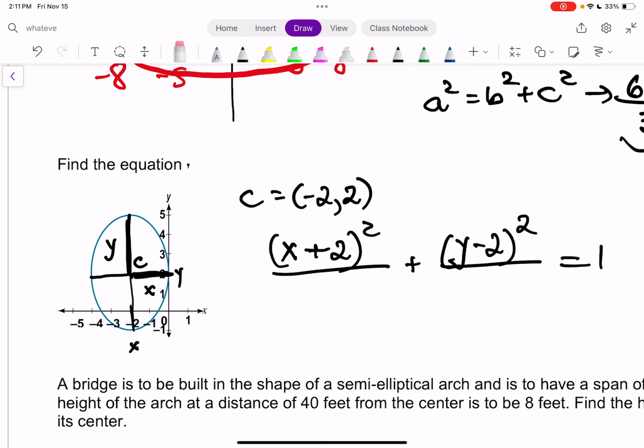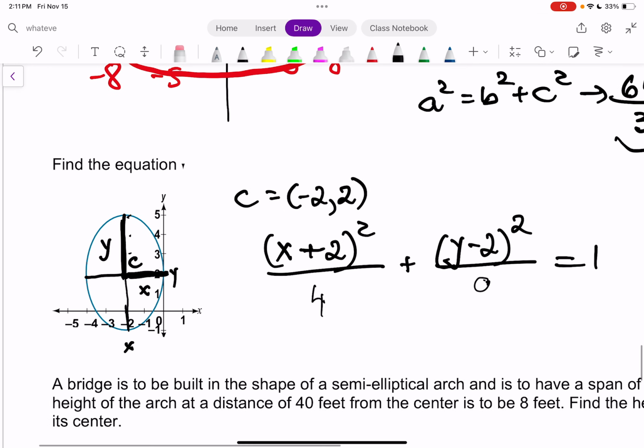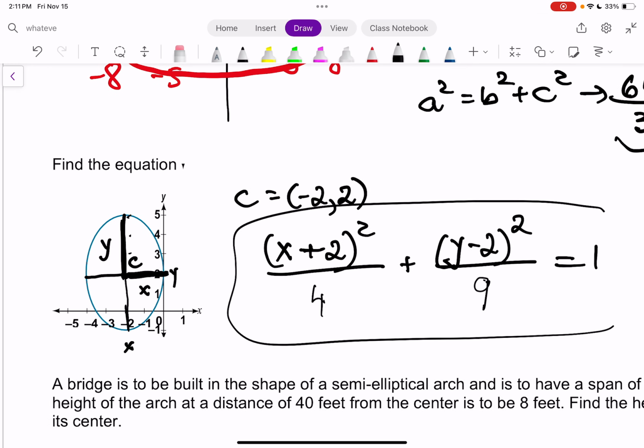So that's just 2 units. So 2 squared is 4, to go again from the center to the edge of the ellipse in an x direction. And in a y direction, that's 3 units, and 3 squared is 9. So you see 3 units up, 3 units down, 2 units left, and 2 units to the right.